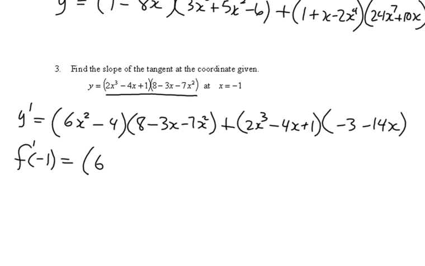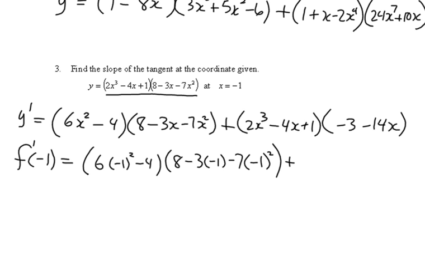So 6 times -1 squared minus 4. 8 minus 3 times -1 minus 7 times -1 squared. And then plus 2 times -1 cubed. I didn't mean plus. Minus 4 times -1 plus 1.